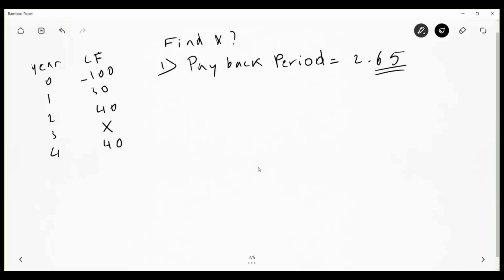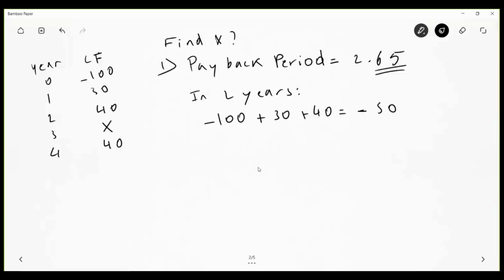So first I need to see how much I will recover over the first 2 years. So in 2 years, I have minus 100 plus 30 plus 40. So I have minus $30. So in year 3, I need to recover that $30.